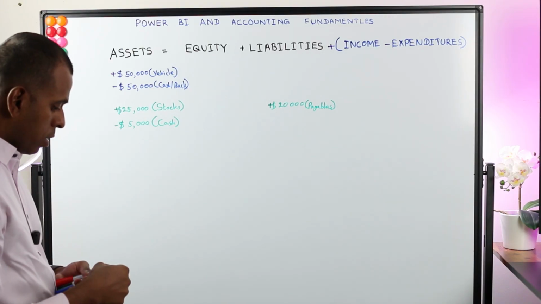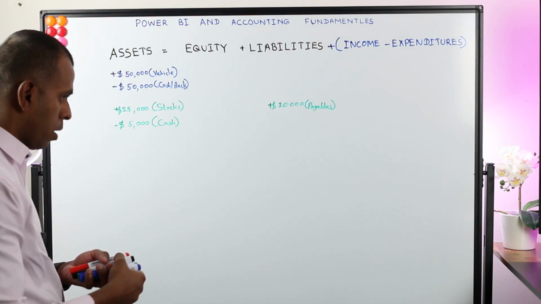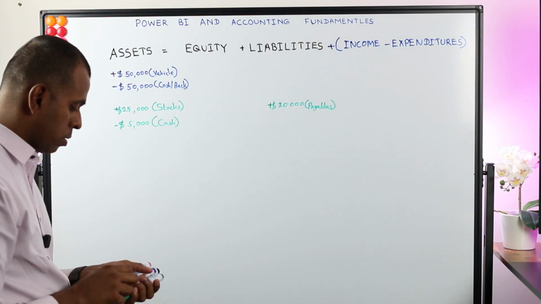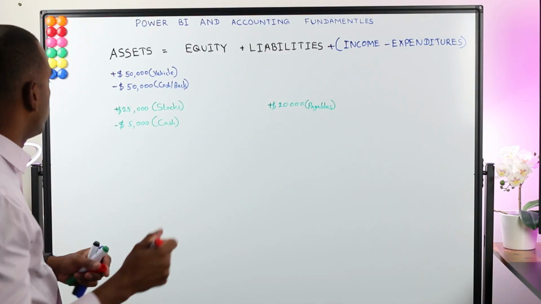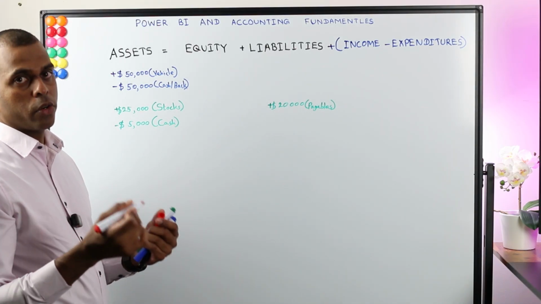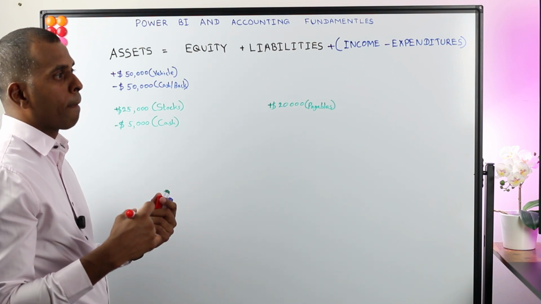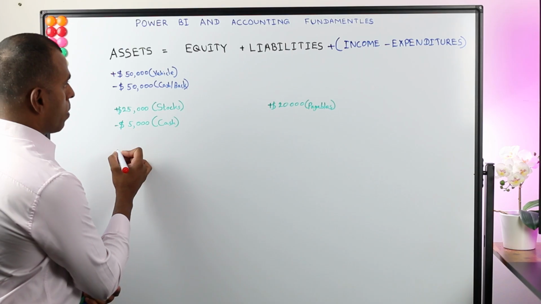So let's take another example. Say the company sells goods. Let's say the company makes $100,000 worth of sales, only 20,000 is received, and let's say the cost of sales is 60,000 as well. So what happened?